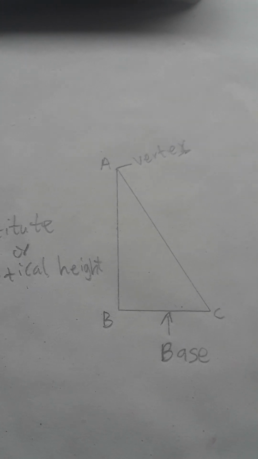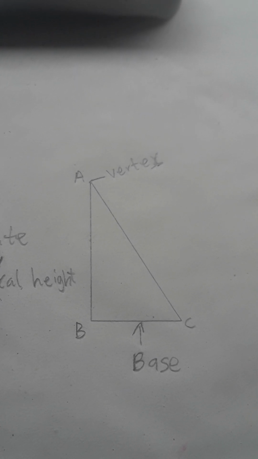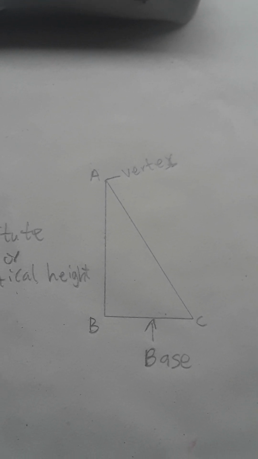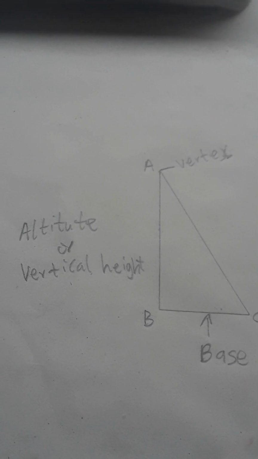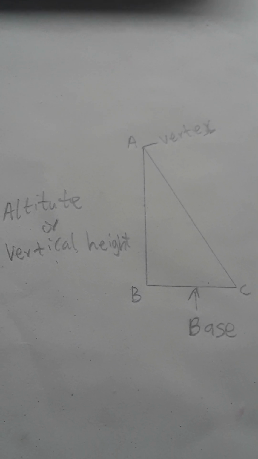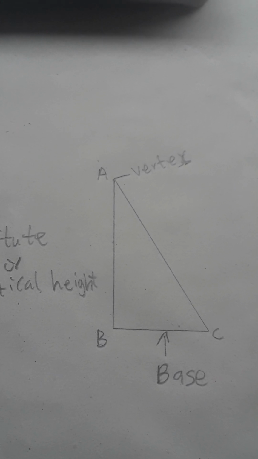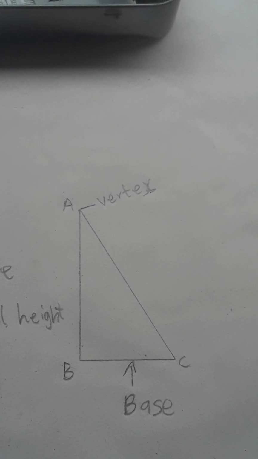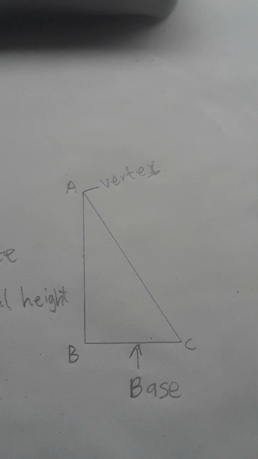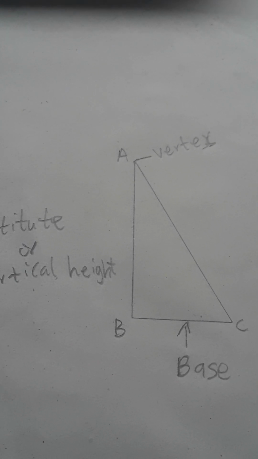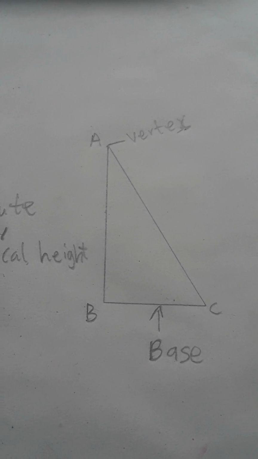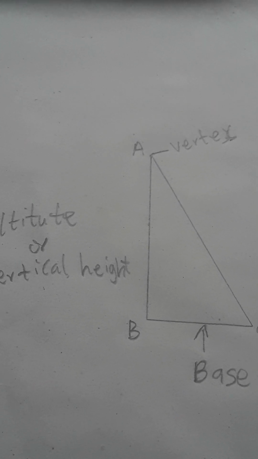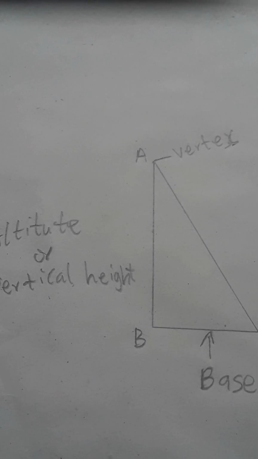Having known the parts of the triangle, we have to look at the next subtopic, that is, the types of triangle. When we talk about the types of triangle, triangles can be described by the length of their sides. You can also describe triangles by the sizes of their angles.